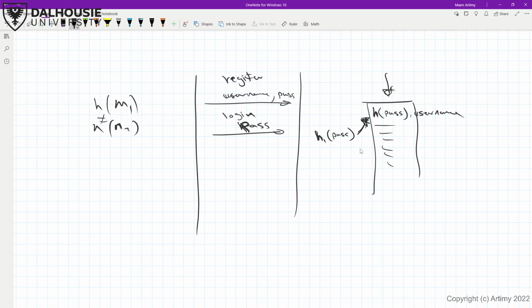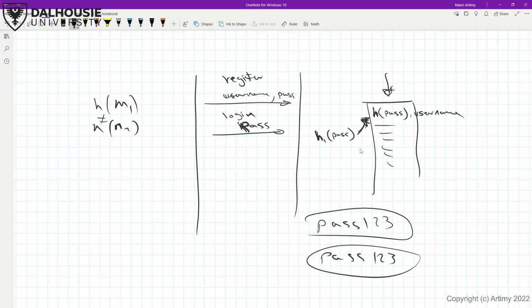And to make things even more difficult for anybody, let's say two users by coincidence put pass123, pass123, right? So in this case, their hashes will match because the password is the same. So the server sometimes puts in something called salt.